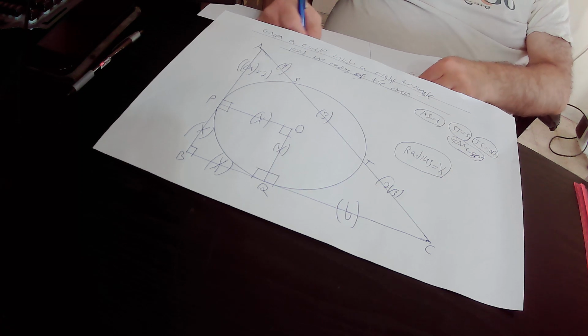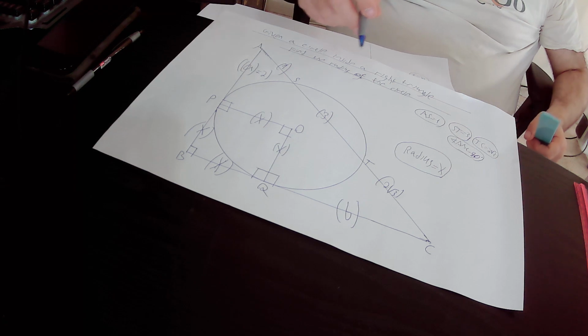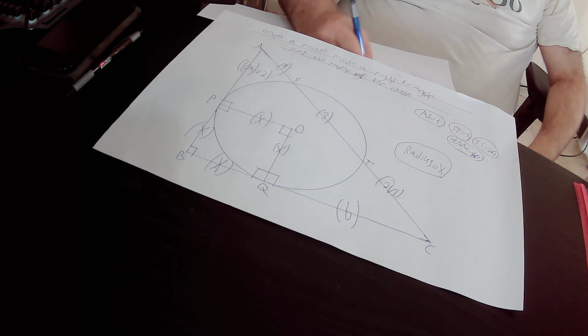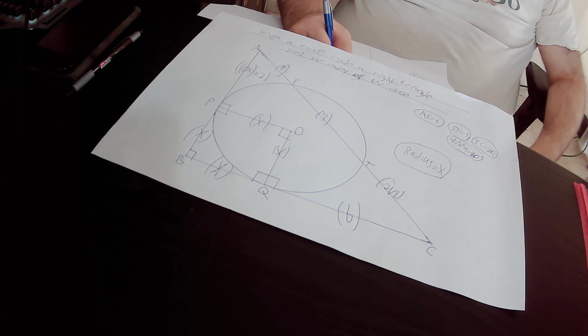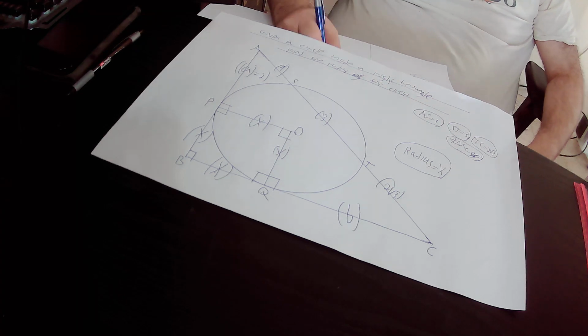According to Rule 10, CQ squared equals CT times CS.